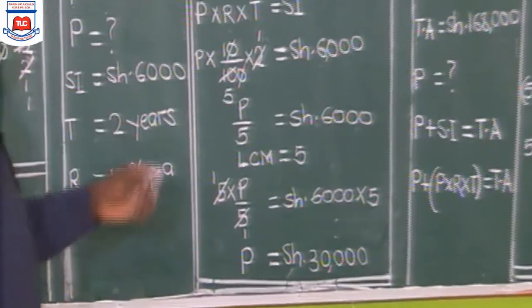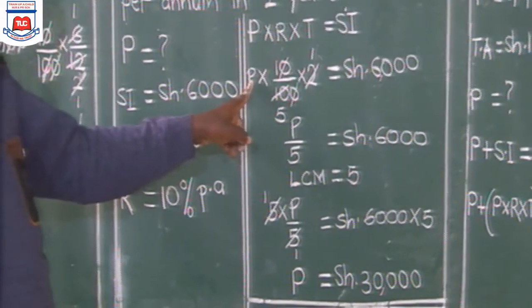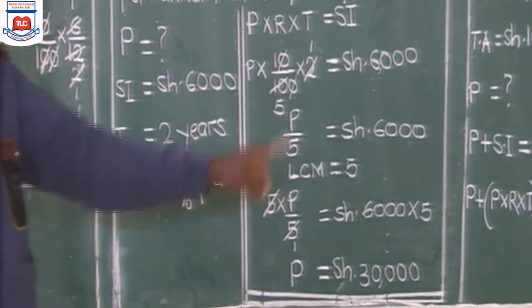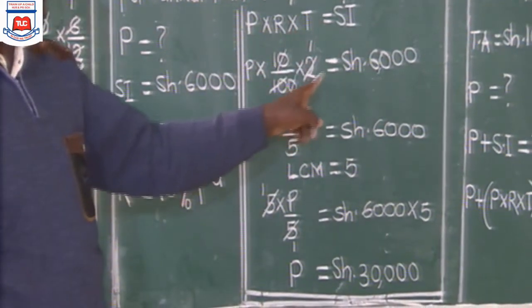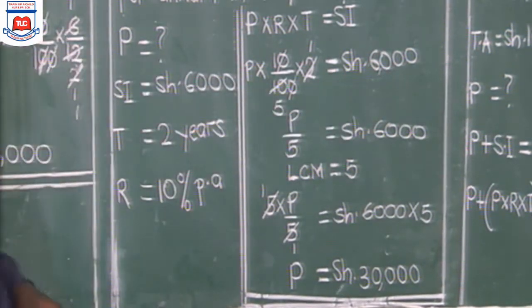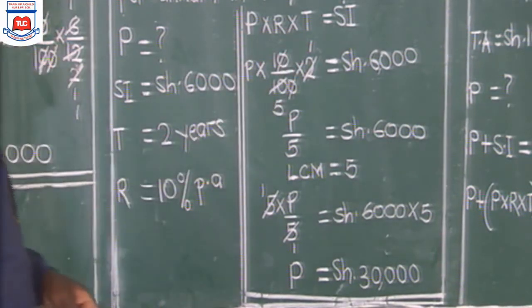The next step is substitution. Principal remains P to mean principal, then times the rate, 10 out of 100, times the time, which is 2 years, or times 2, which is equal to 6,000 shillings. The next step is division, if needs division.